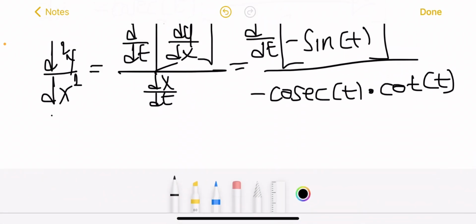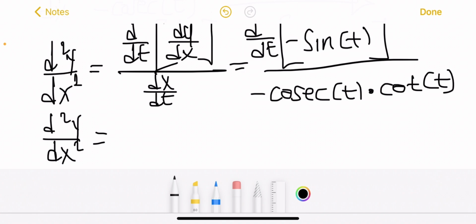So d squared y over dx squared is equal to d over dt, the derivative of negative sine t. What is the derivative of sine t? We know the derivative of sine t is cos of t.